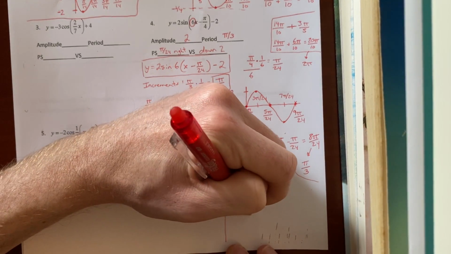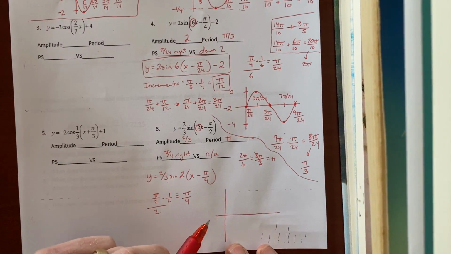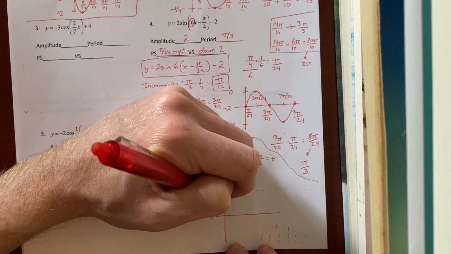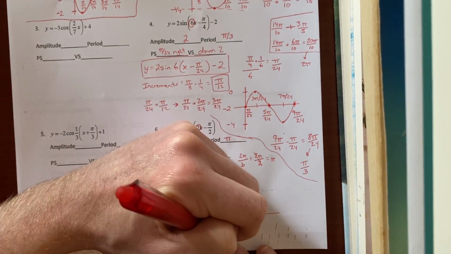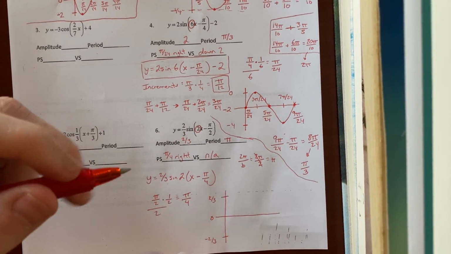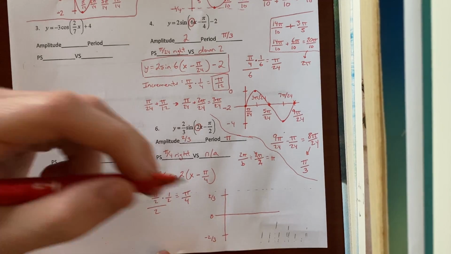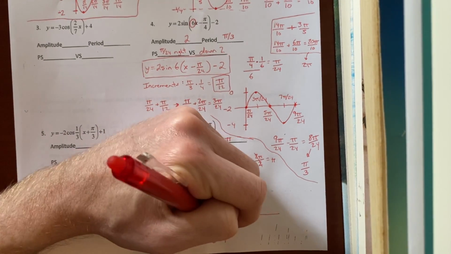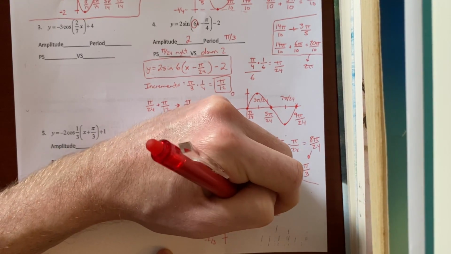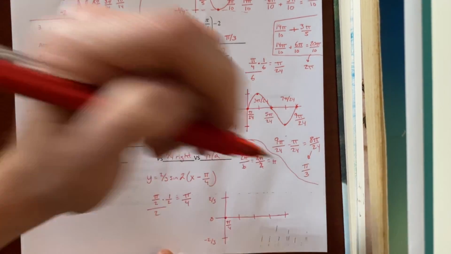All right, coming through here, going to graph this. Since there was no k value, my midline is at 0. My amplitude is 2/3, and I go down 2/3 as well. I do have a phase shift of pi over 4. It's to the right, so it's a positive pi over 4. 1, 2, 3, miss a little more space, 4.